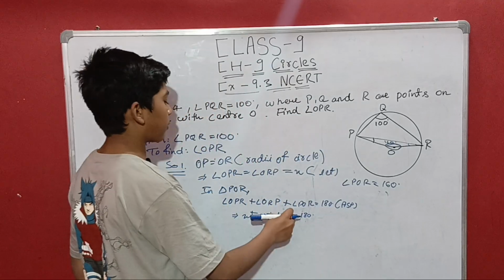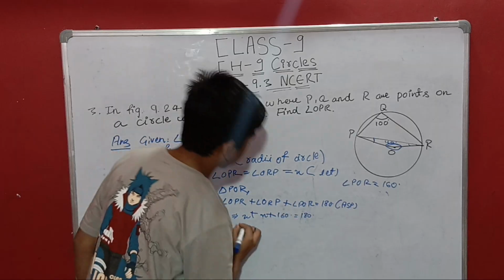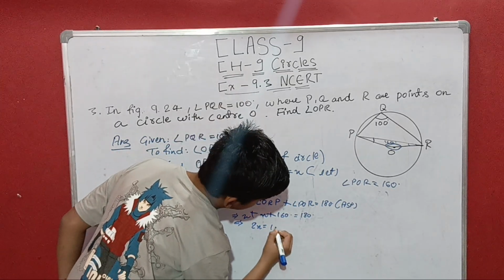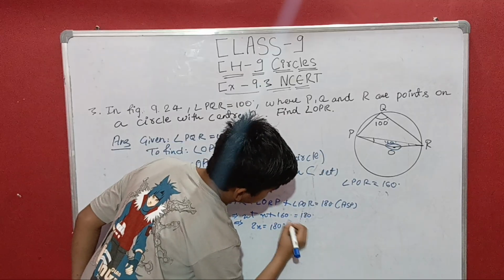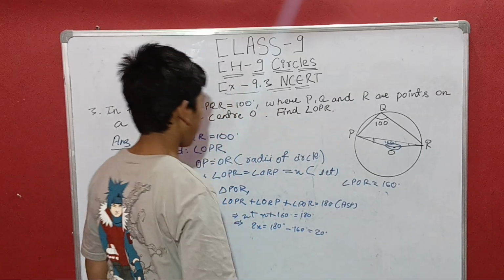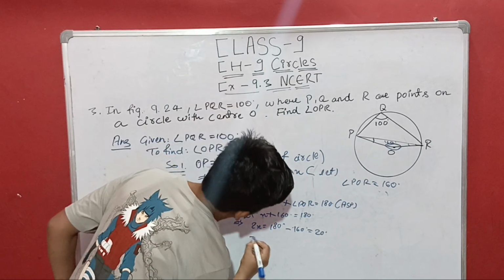So we shall now transpose this 160 degrees to the RHS, so this becomes minus 160 degrees. And x plus x becomes 2x. 2x is equal to 180 degrees minus 160 degrees, which is equal to 20 degrees. Now we shall transpose this 2, which is multiplied, to the right hand side, so it becomes divide.